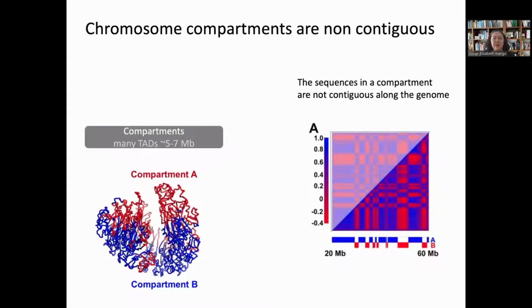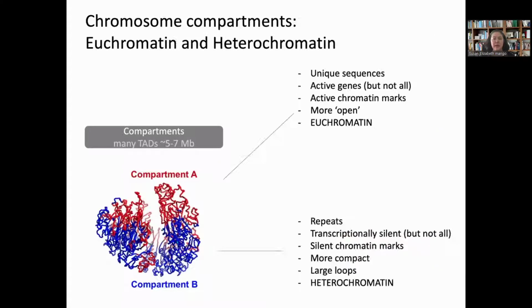People have studied then what makes up the A and the B compartment. And it looks like this. The A is the more active region of the genome. It is euchromatin. And did you guys learn about euchromatin in class? Yes? No? Yes, we did. Okay, good.